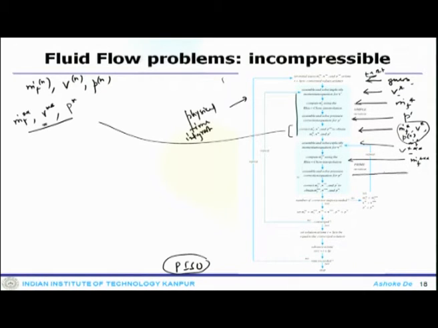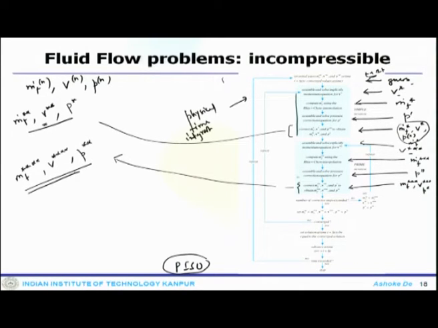Then you get the pressure correction equation, here you get corrections for P'', and then at this step you get the corrected fields m dot_F^***, V^*** and P^*, and these corrected fields are used to calculate m dot_F fourth star, V fourth star and P^**.